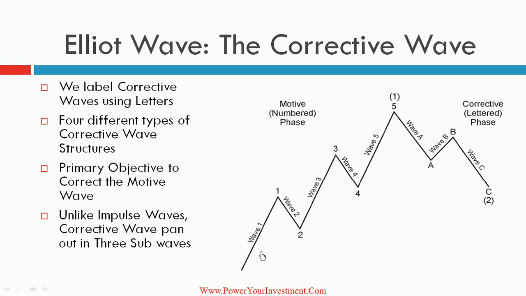So this complete is wave 1, which has also been broken down into 5 waves. Similarly, wave 1 is corrected by wave 2. So wave 2 here is a corrective wave of one larger degree. If you break it down, it breaks down into 3 structures: wave A, wave B and wave C.